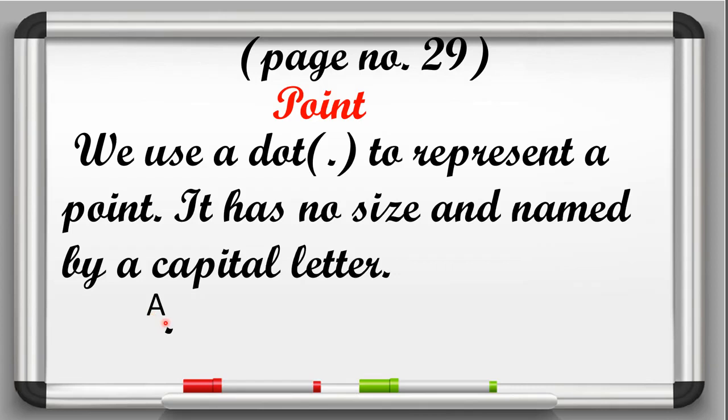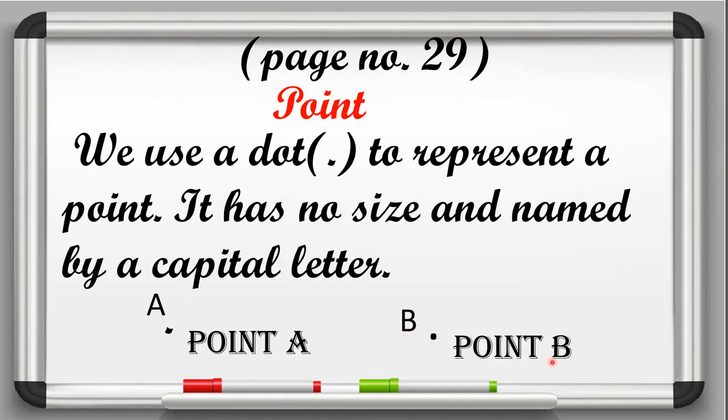And here I am giving you a name like A, capital A. Okay, so how can we read it? That is point A. Understood? And if here I make another point, I am giving it the name capital B. So how can we read it? Point B. Understood, beta?